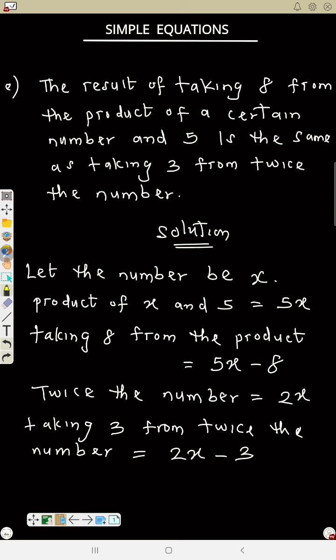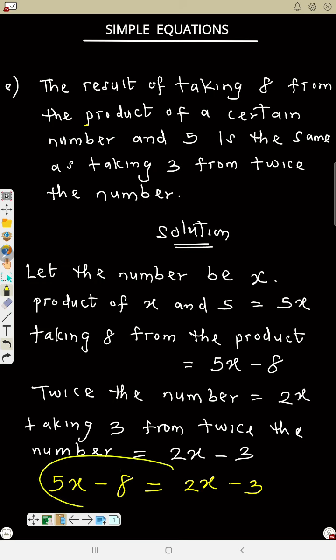The result of taking 8 from the product of a certain number and 5 is 5x minus 8, is the same, meaning is equal to, as taking 3 from twice the number, 2x minus 3.